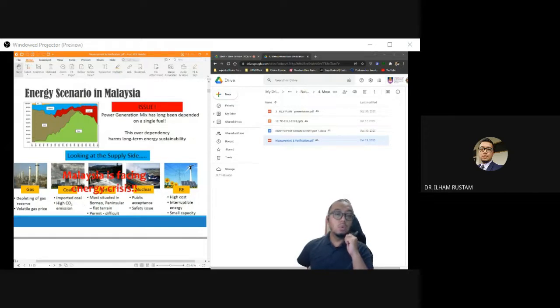For coal, we do not have sufficient coal mines, or I don't think we even have a coal mine in Malaysia, so we have to import coal from overseas, and coal is also very dirty. It produces high CO2 emissions.